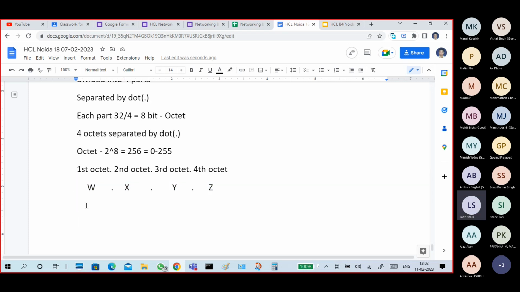It depends upon people and what makes it easier. W portion, X portion, Y portion.